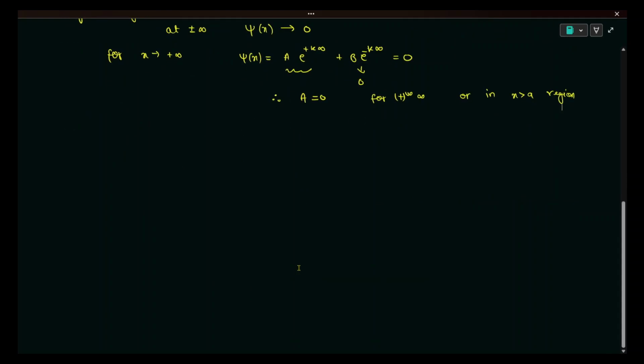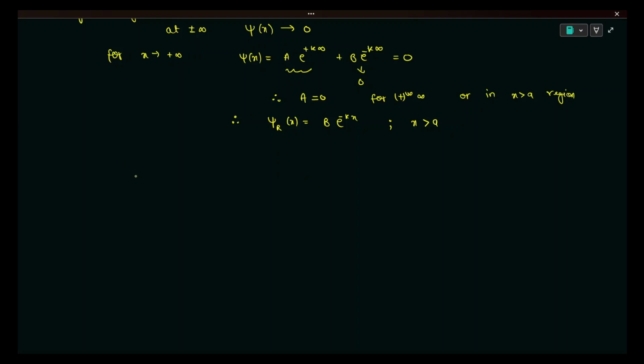So psi right of x is equal to only B e raised to power minus kx. This is for x greater than a, the right of this Dirac delta function.